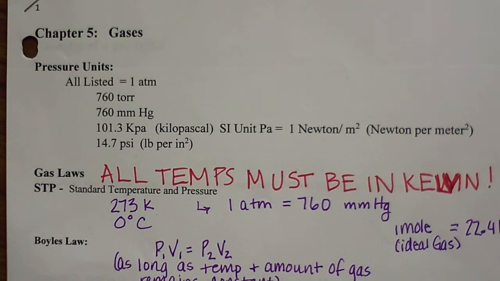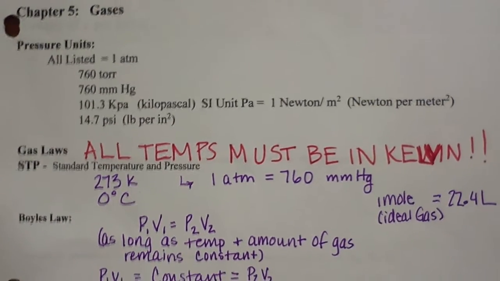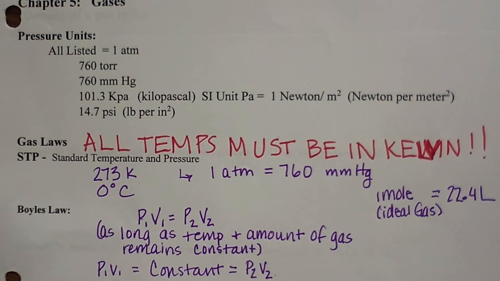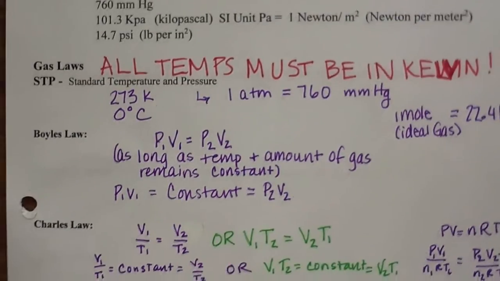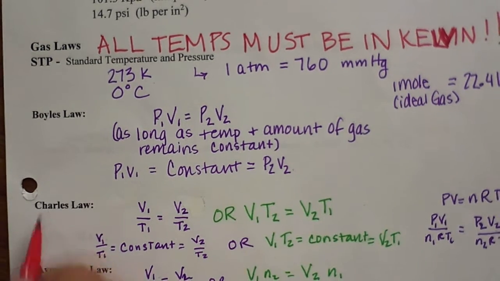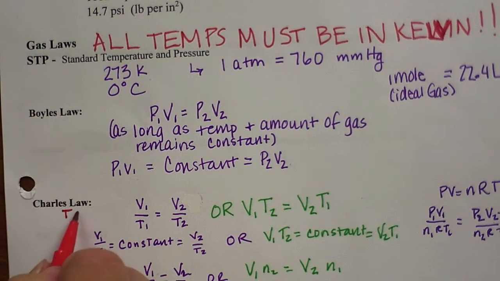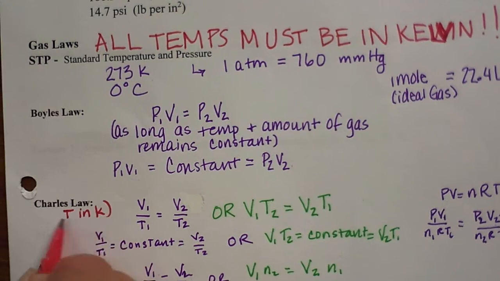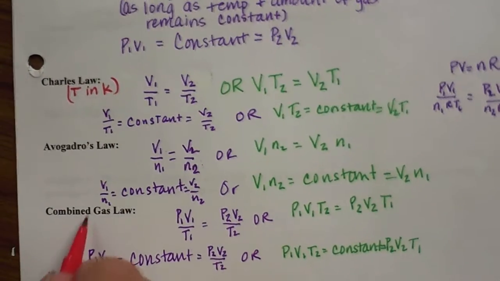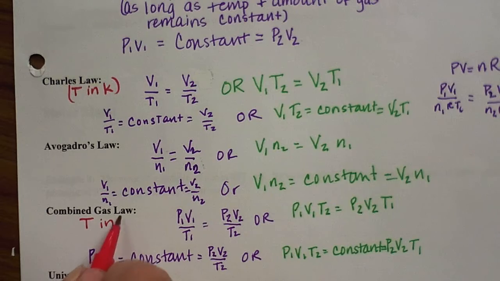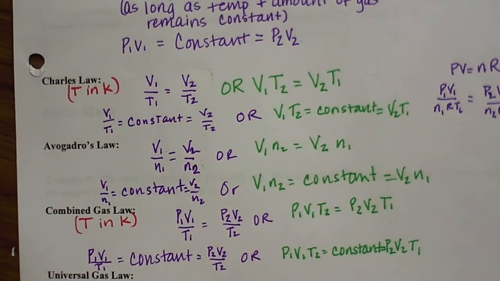All the temperatures must be in Kelvin. You have to change them to Kelvin. Kelvin is an additive scale, so you can't divide it out from Celsius. And so therefore, all of these T's must be in Kelvin. So for Charles' law, temperature in Kelvin. For the gas law, temperature in Kelvin. All right?